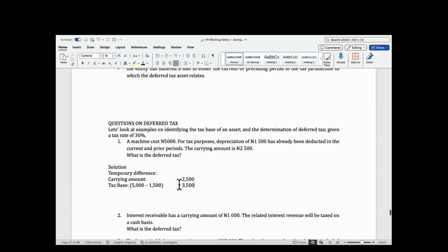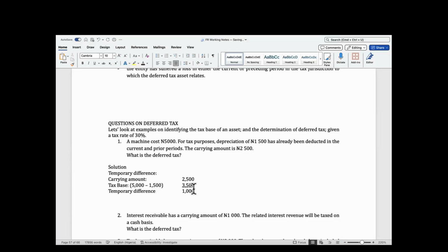So in this case now, there is a temporary difference of 1,000.